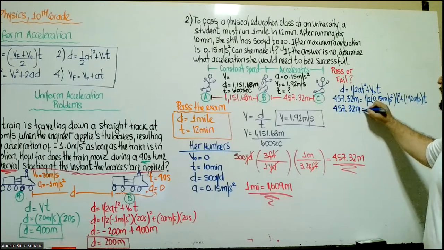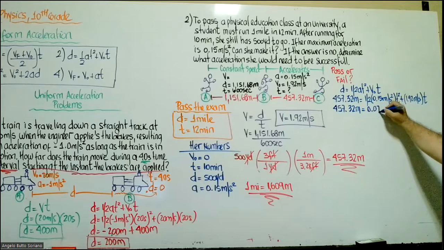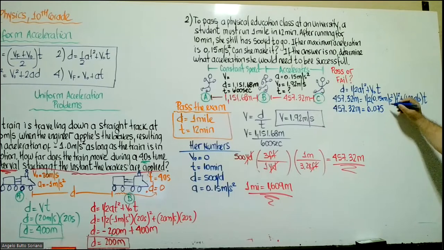So basically we have 457.32 meters equals 0.075 meters per second squared t squared plus 1.92 meters per second t.